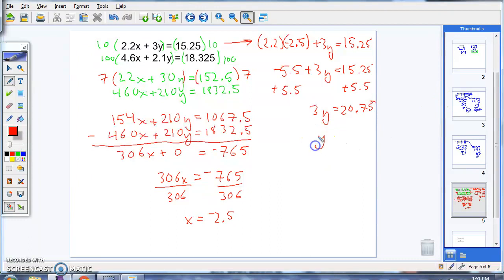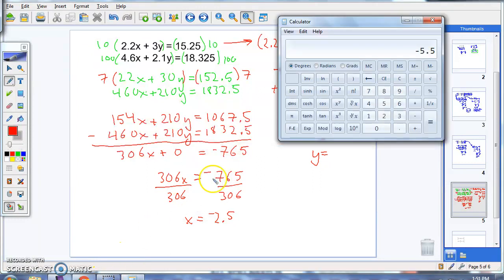So if you divide by 3, whoops, that's a y. Then y is 20.75 divided by 3, which is 6.91.